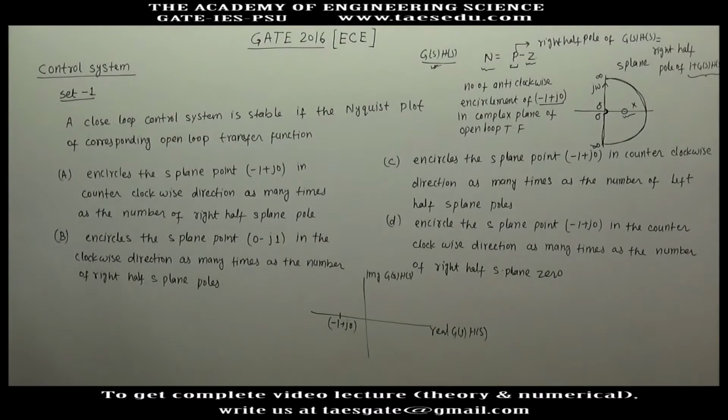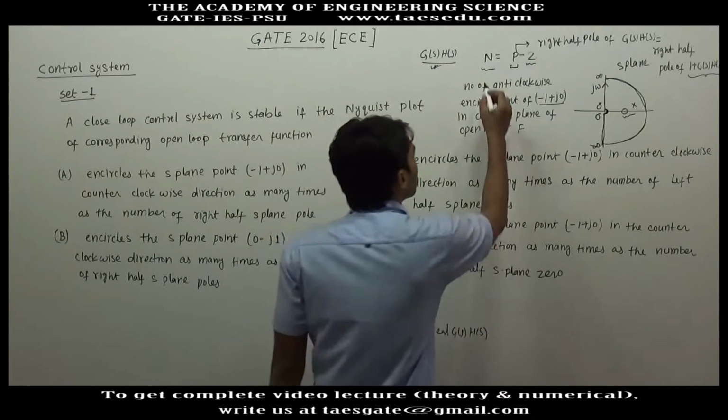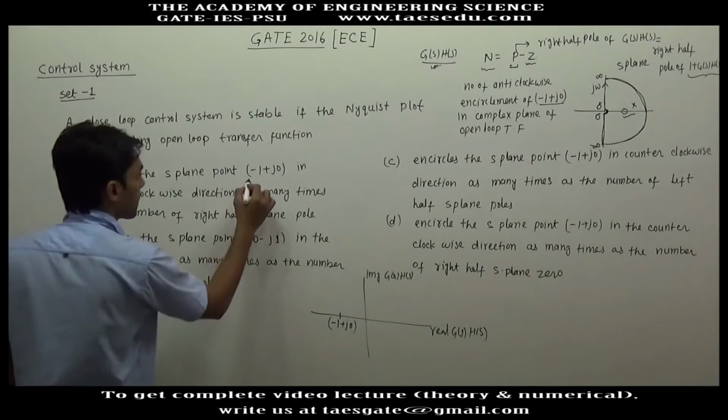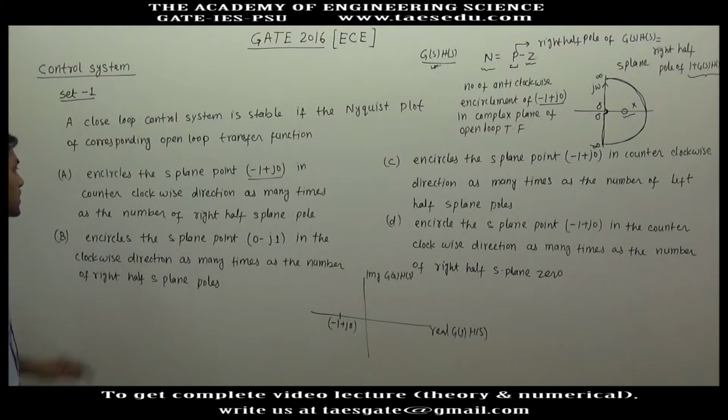So coming to option A: a closed loop control system is stable if the Nyquist plot of the corresponding open loop transfer function encircles the S plane point -1 plus j0 in the counterclockwise direction as many times as the number of right half S plane poles.